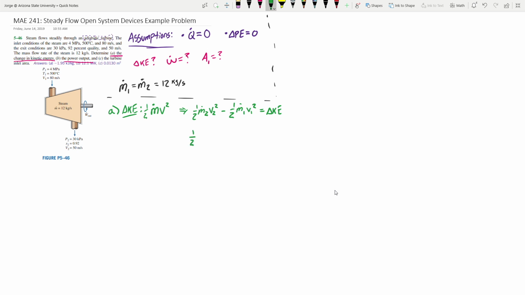So we're given all these quantities. We know the m dots are both 12 kilograms per second. V2 is 50, it's given to us, squared, minus 1/2, 12 kilograms per second, and V1, also given to us, 80 meters per second.